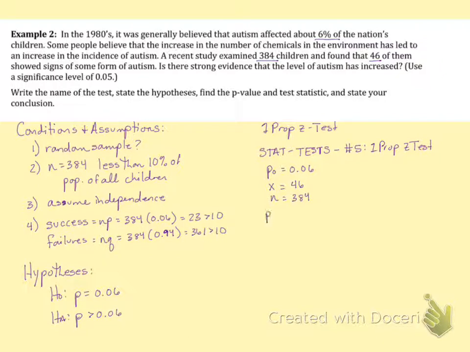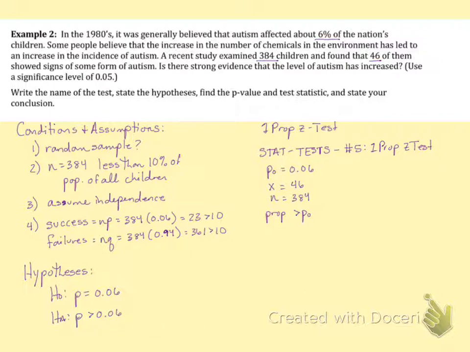Then it says prop. This wants to know for the alternative hypothesis, what is the symbol that you're using. Notice that our alternative hypothesis is a greater than, so we would use a greater than. So you're going to arrow over to the greater than p sub naught and hit enter, and then you're going to go down to calculate.